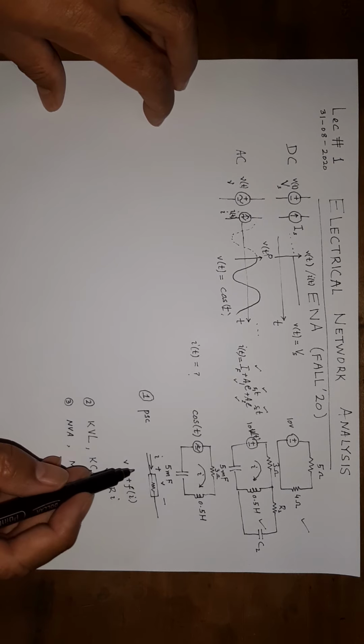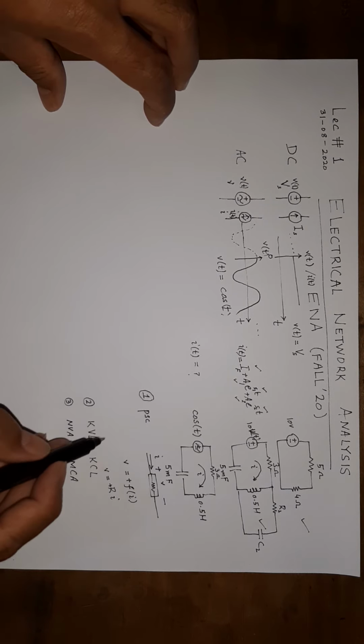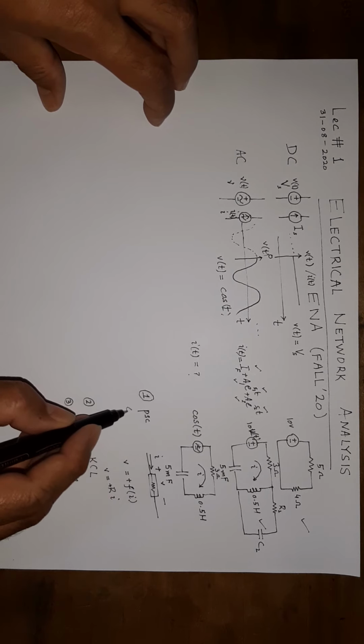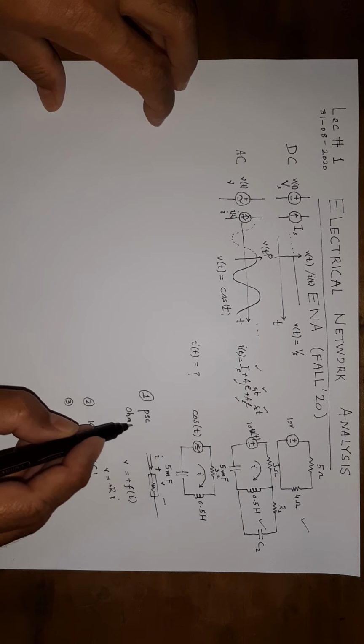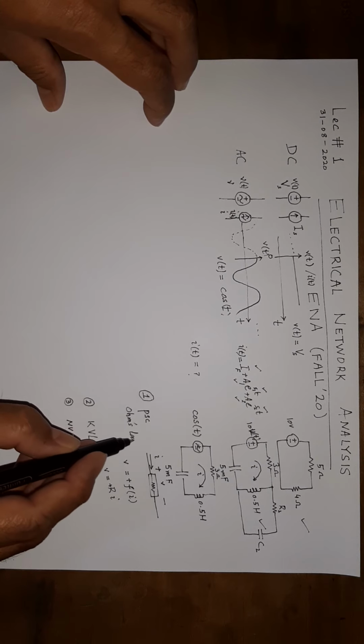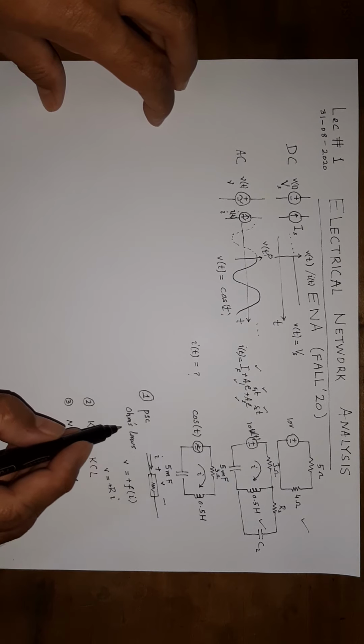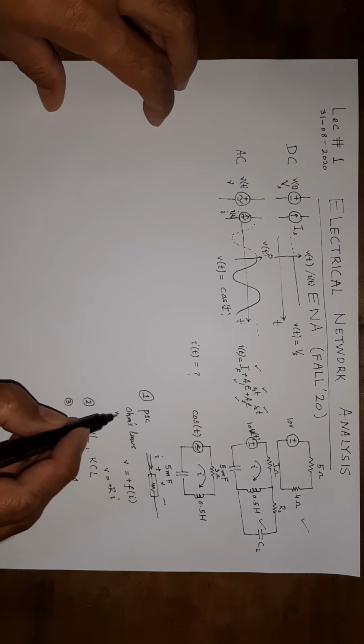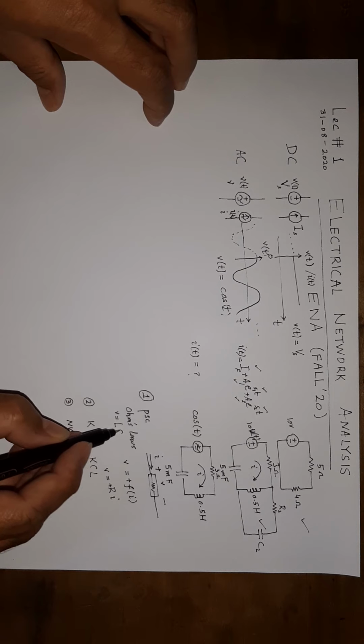Let me write them here in this group 1. The Ohm's law and all the relationships between V's and I's for different elements come in handy in this course as well.